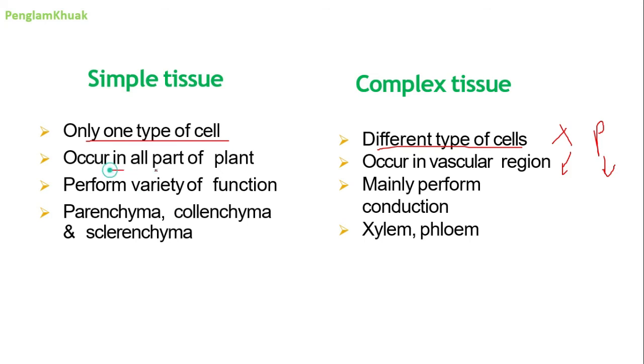They occur in the vascular region, because xylem and phloem are called the vascular region, and perform different functions, mainly conduction, that means transport of water, minerals, or glucose. Types of simple permanent tissue: parenchyma, collenchyma, and sclerenchyma. Types of complex permanent tissue include xylem and phloem. I hope that's helpful.